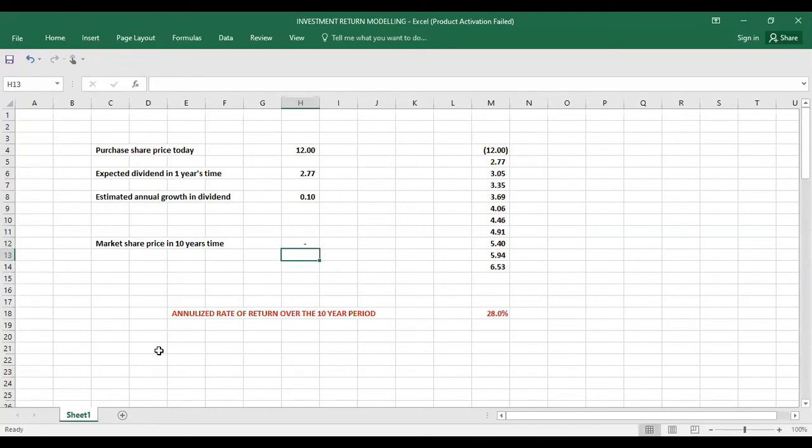I mean, just to put things in perspective, 28% per annum is way above inflation. And 28% per annum, in all likelihood, will also be way above Naira devaluation on an annual basis. It's almost impossible for Naira to be devalued at 28% per annum.